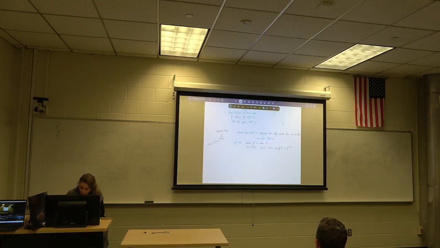So why do they do this? Basically, they notice that every single non-zero element in the field induces a permutation on the code words, right? So scalar multiplication basically is equivalent, in a sense, to permutation of coordinates.